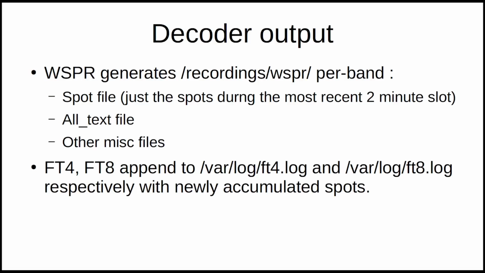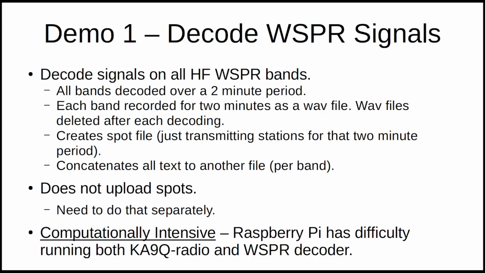In Demo 1, we'll record WSPR signals. We'll decode signals on all of the HF WSPR bands simultaneously. All the bands are decoded over a 2-minute time period. Each band is recorded for 2 minutes as a WAV file, and then after the signals are decoded, the individual WAV files for each band are deleted.